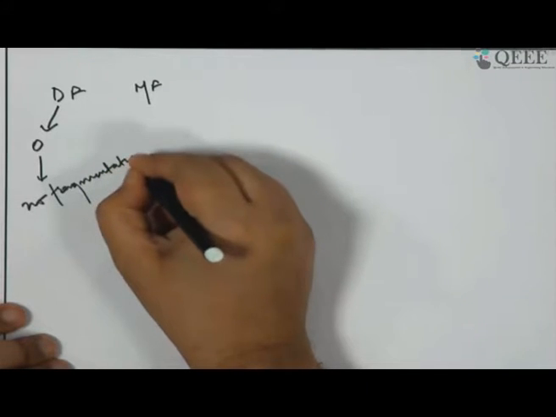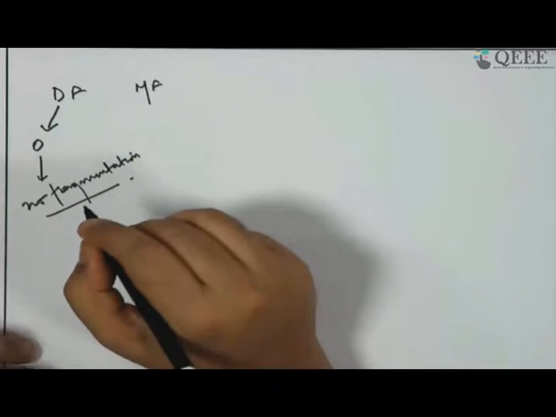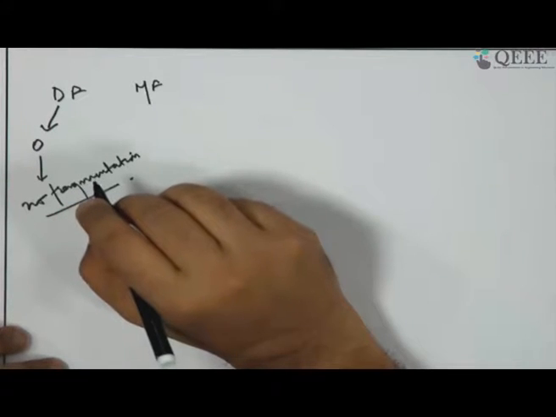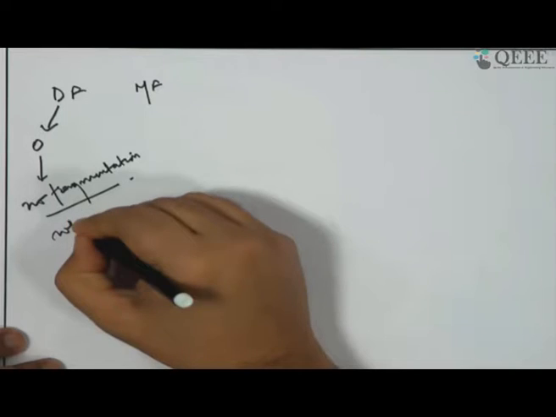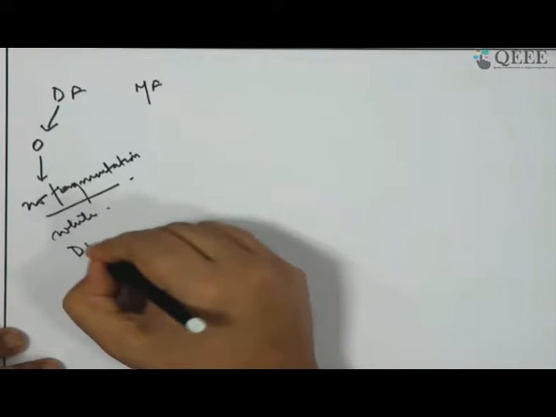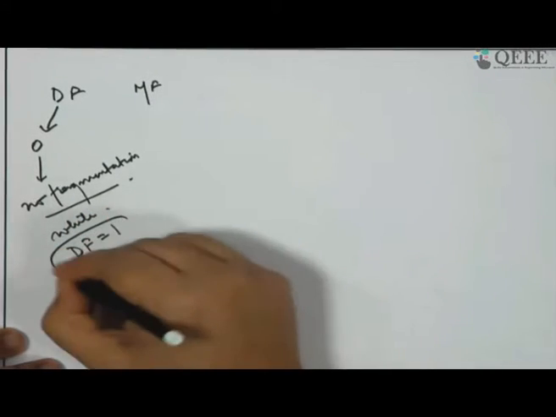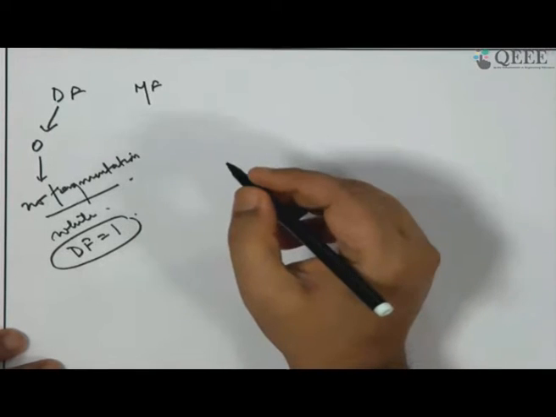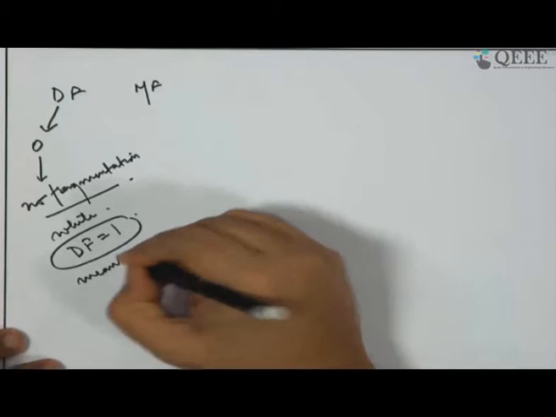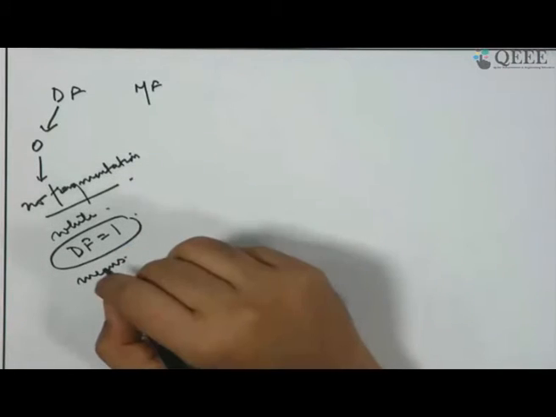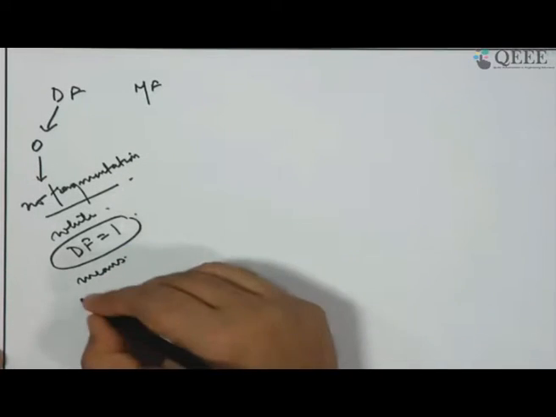Okay, is that clear? DF equal to 0 means no fragmentation, while DF equal to 1 means fragmentation.